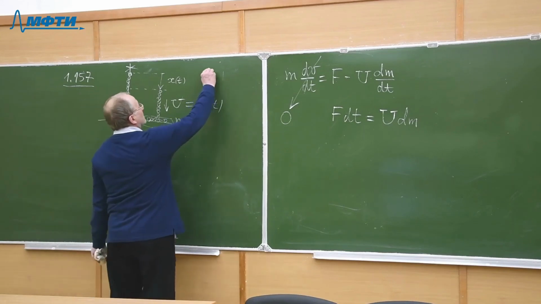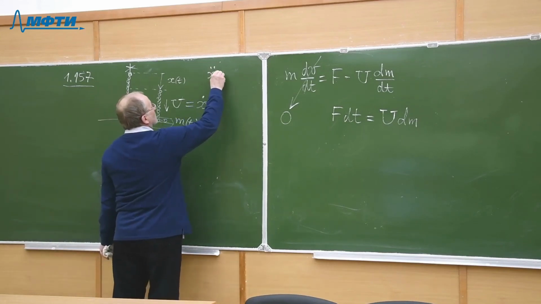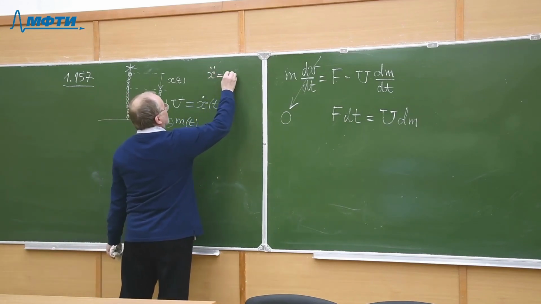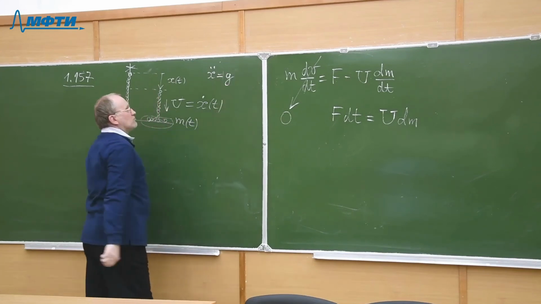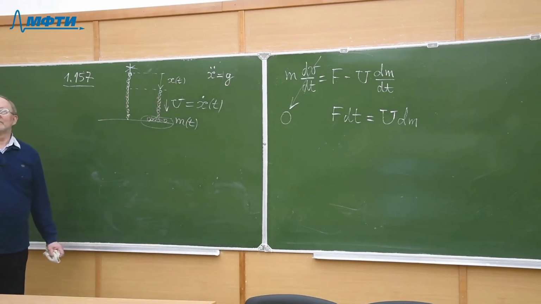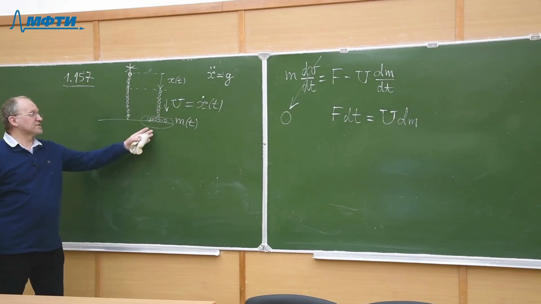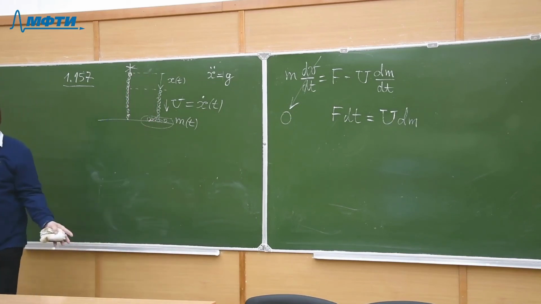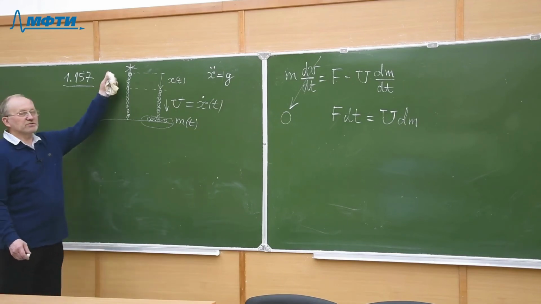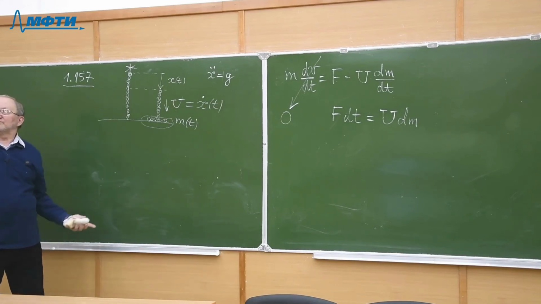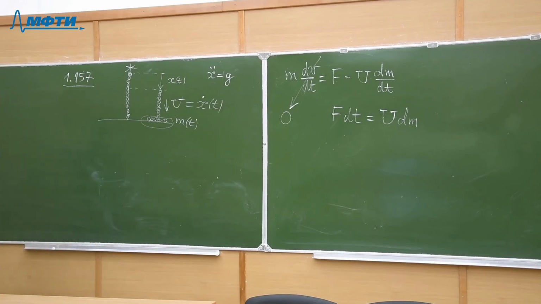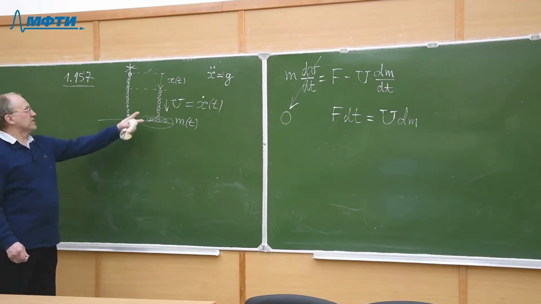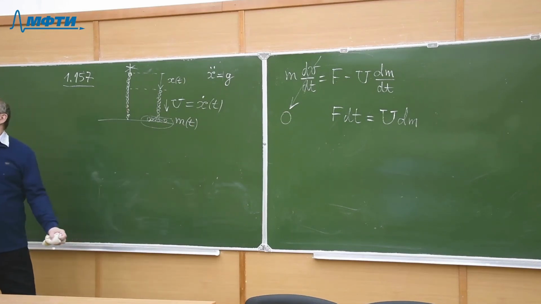We know that the acceleration x double dot is constant and it's equal to the acceleration of free fall. The chain just falls down, and we are sure that it falls down with the acceleration of free fall, as any other object does in the gravity field. It falls down freely, if not hampered.